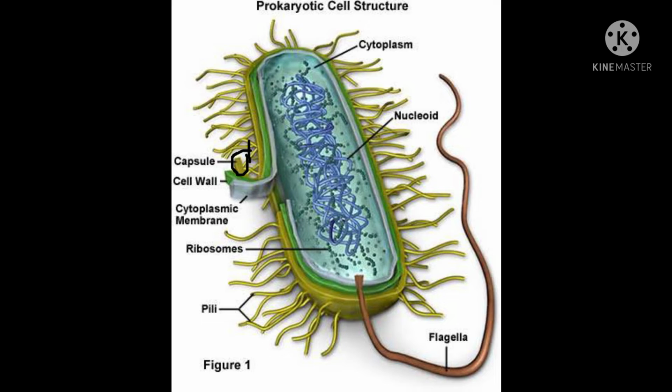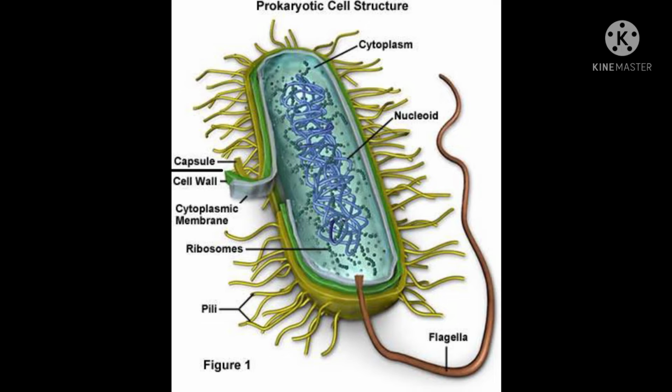Some species of bacteria have a third protective covering, a capsule made up of polysaccharides. Capsules play a number of roles, but the most important are to keep the bacterium from drying out and to protect it from phagocytosis by larger microorganisms.